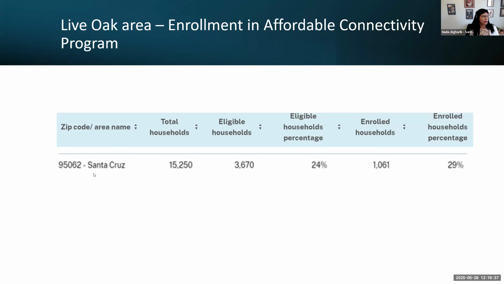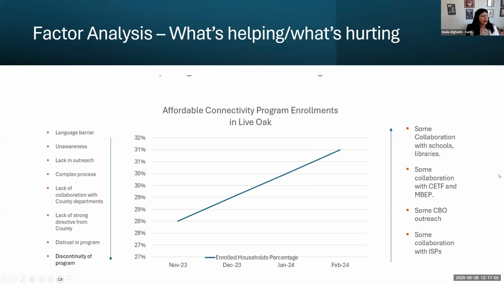But in this zip code, the eligible households were 24% of all the households, but only 29% of those eligible households signed up for the affordable internet program. So this was the reason behind that.